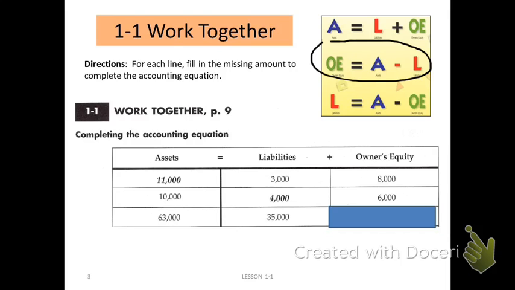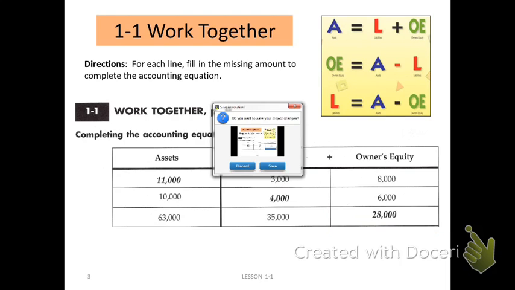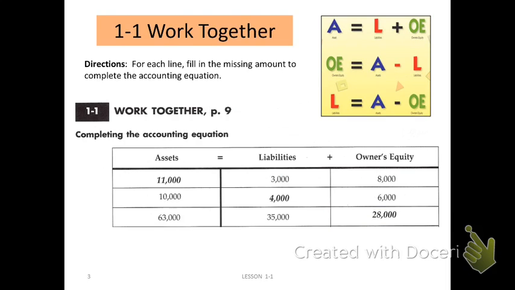So we have assets $63,000 minus the liabilities, which is $35,000. When you subtract those two numbers from each other, you end up with $28,000. And there we go. So that is an example of how to complete the 3 separate transactions.